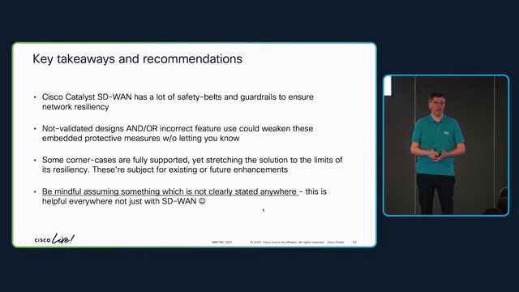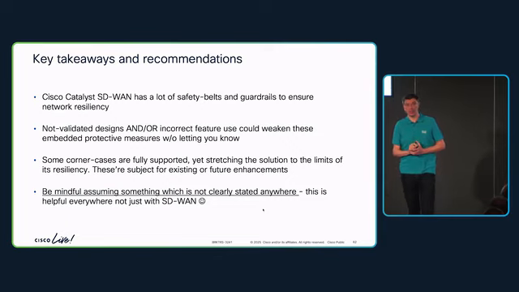Whatever I do, I will be fully safe. No, you can use the safety belt and the guardrail the hard way. It could hurt you if you use it incorrectly and improperly. So whenever you're using a corner case design or you have a very specific case which is not outlined in validated designs, please reach out to Cisco folks to validate it before you use it.